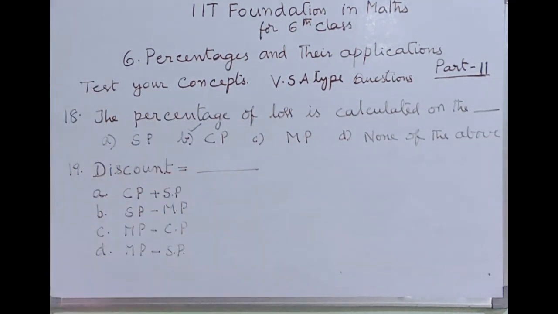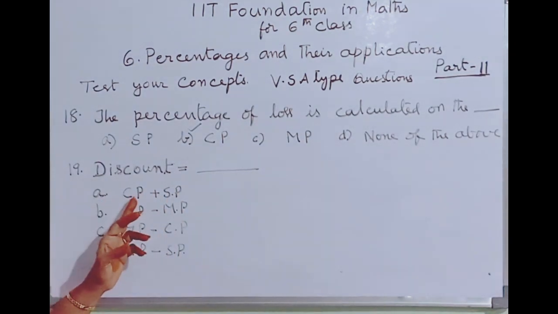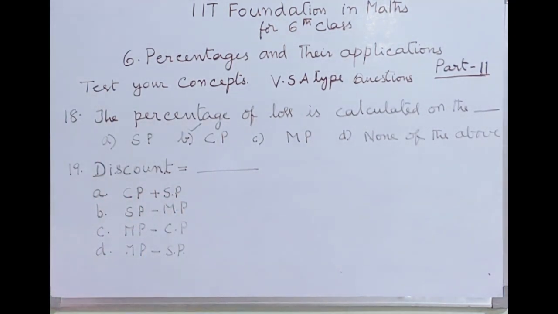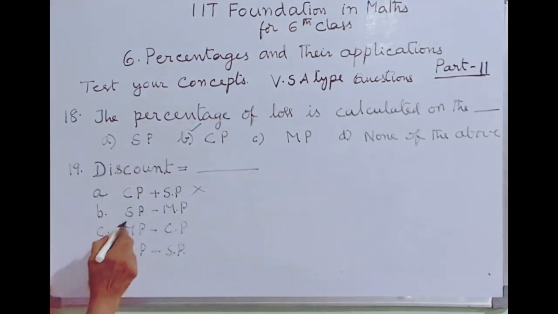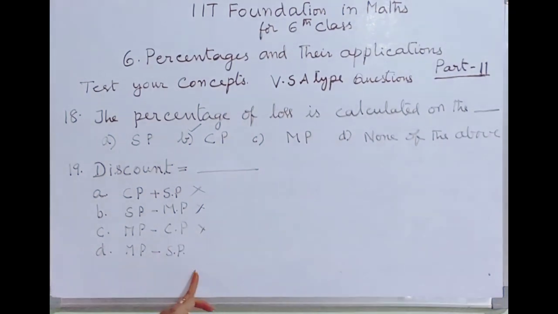Therefore option B is correct. Next, discount is equal to dash. A, cost price plus selling price, that is meaningless. Selling price minus market price. No. Market price minus cost price. So market price minus selling price is called the discount.